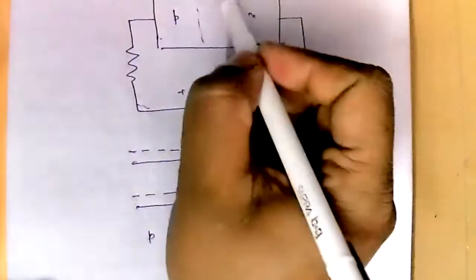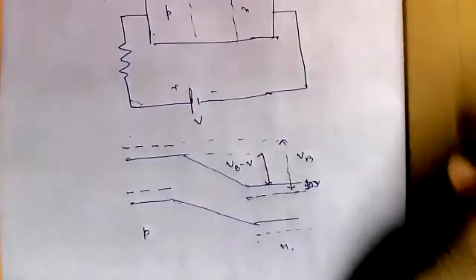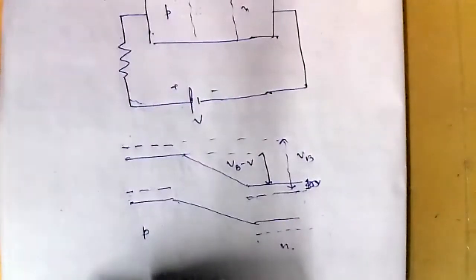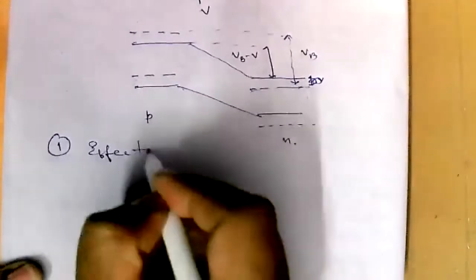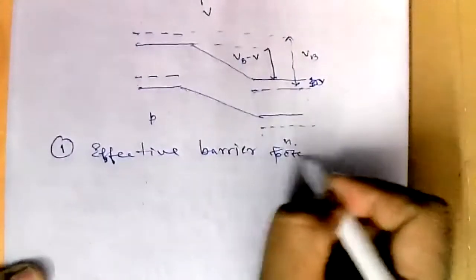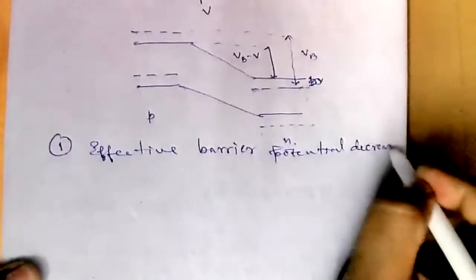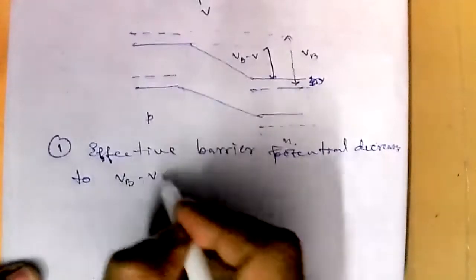Because the applied potential is in opposite direction of the barrier potential. So there is a reduction of the barrier potential. So the effective barrier potential decreases. How much? VB minus V.